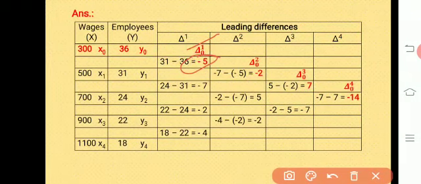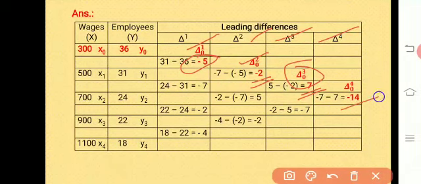Similarly, under the column delta square, the first value is minus 2, and that minus 2 is nothing but delta 0 square. Under delta raised to 3, the first value is 7, and that is denoted by delta 0 raised to 3. Similarly, under delta raised to 4, the only value is minus 14, and it will be denoted by delta 0 raised to 4.